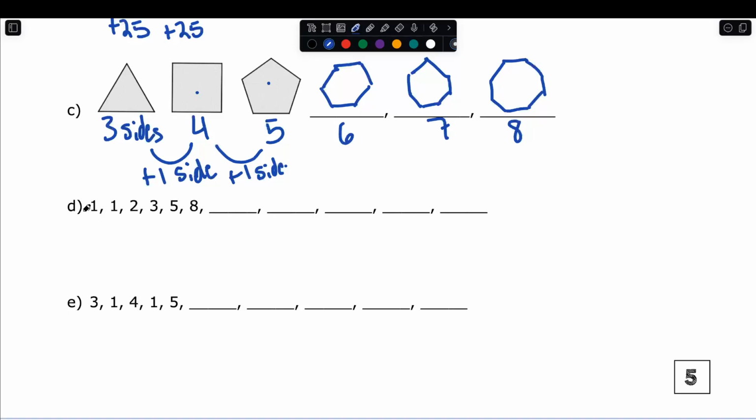So, what pattern might be going on here? Well, this is a little bit more of an advanced pattern, but if we just take a moment and really think about what's going on here, I see I have 1 and 1. Then I have 2. So how did we get from 1 to 1? And then how did we get from 1, 1 to 2? Well, one thing, and this is just a shot in the dark, a spitball, is that if I add 1 and 1 together, that's going to give me 2.